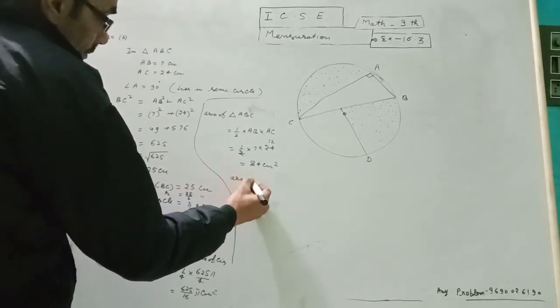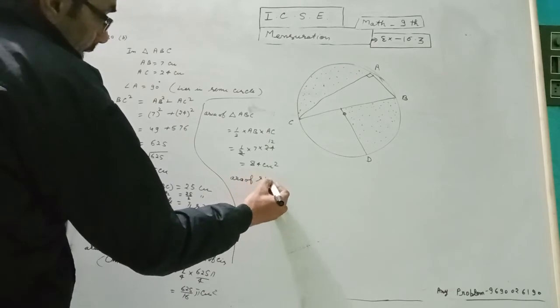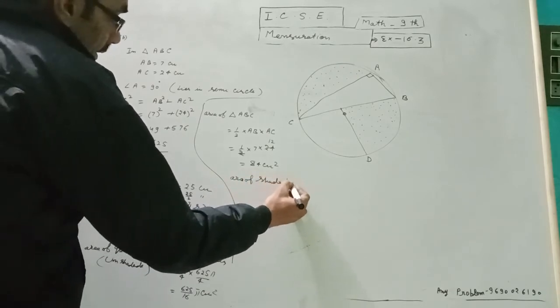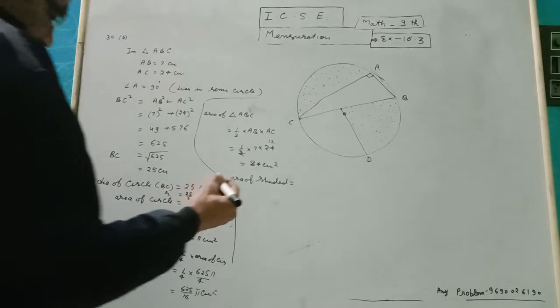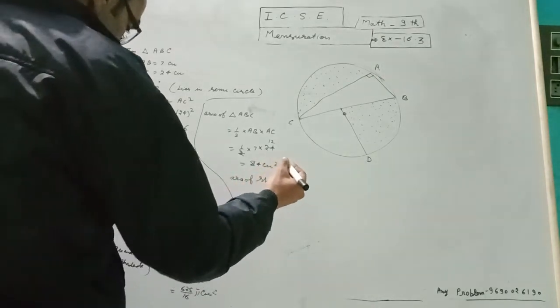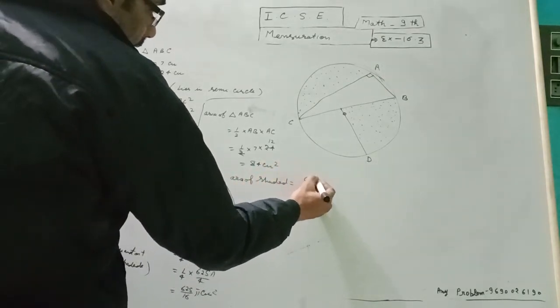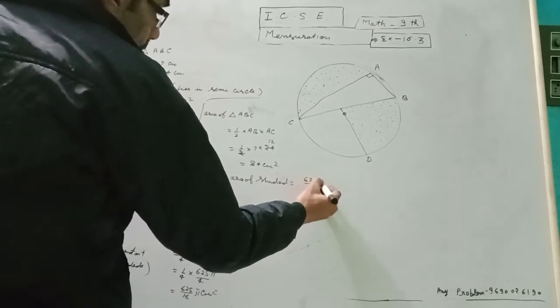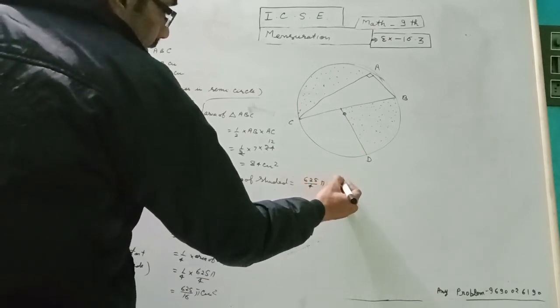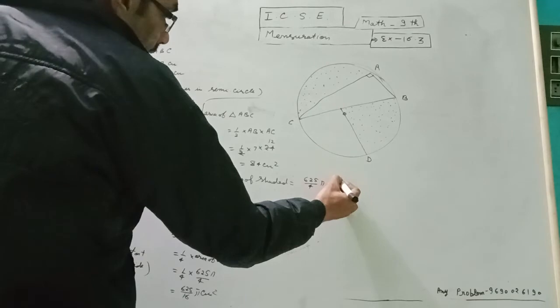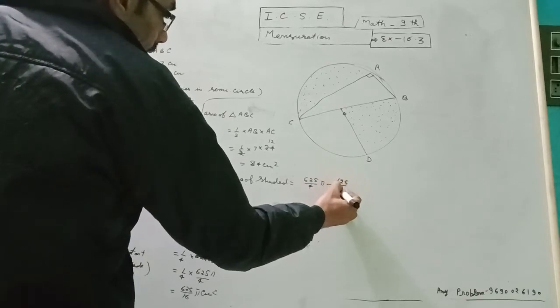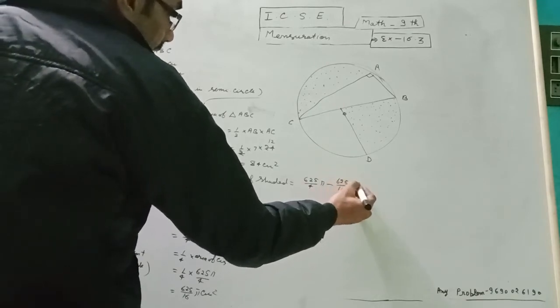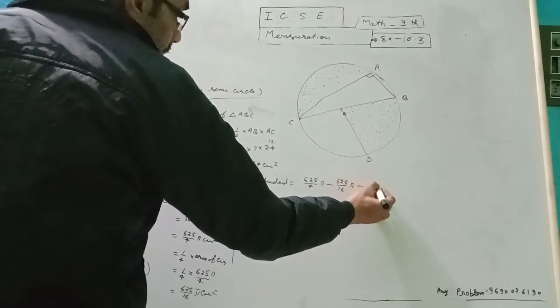Area of shaded part is equal to 625 upon 4 pi minus 625 upon 16 pi minus 84.